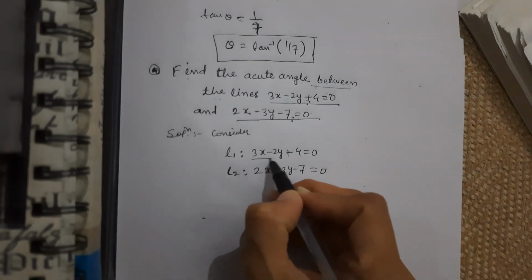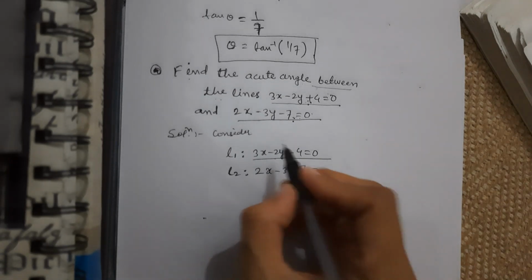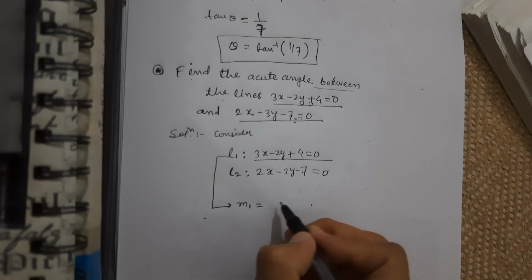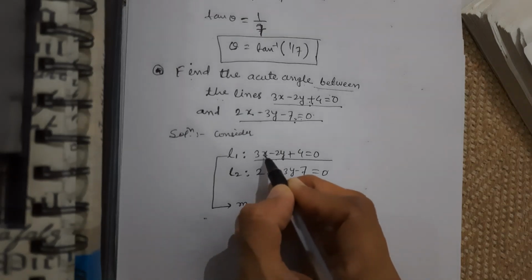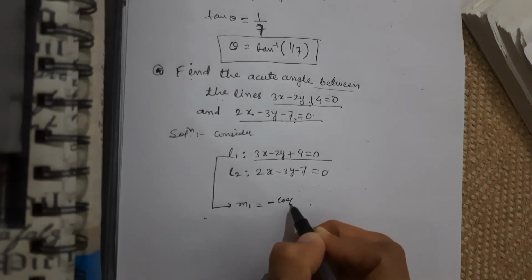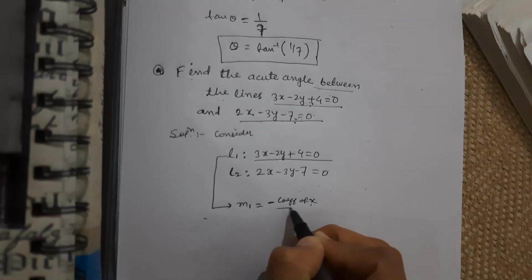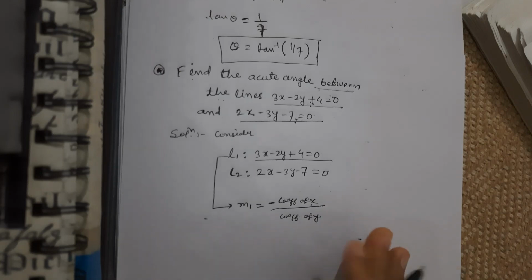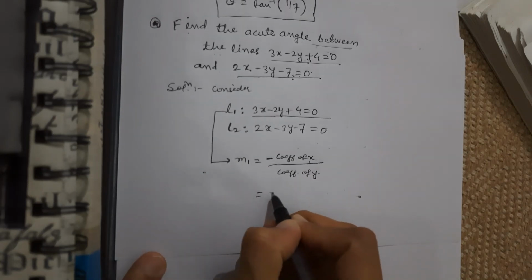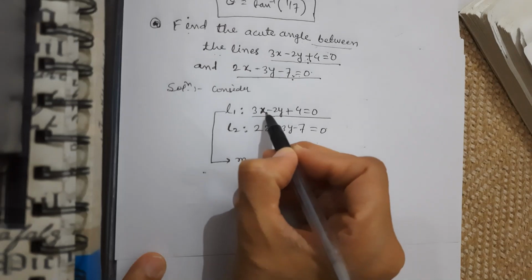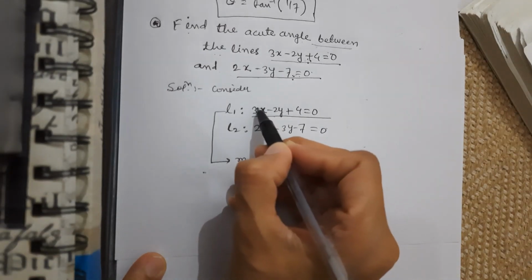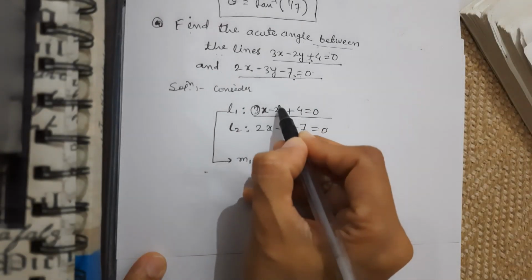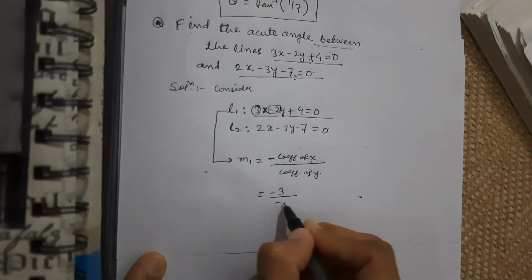So from this, what will be the slope of this line L1? M1 will be minus coefficient of x upon coefficient of y, correct? So minus, what is the coefficient of x in this equation? 3, right? So minus 3 upon coefficient of y, which is minus 2.